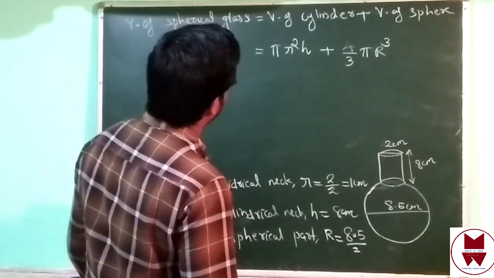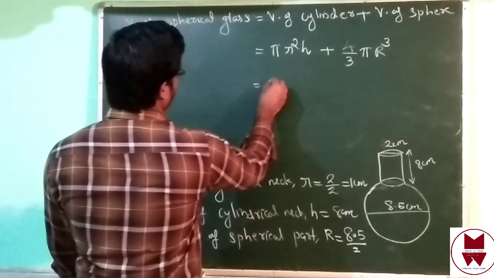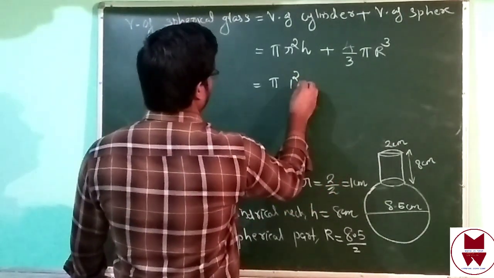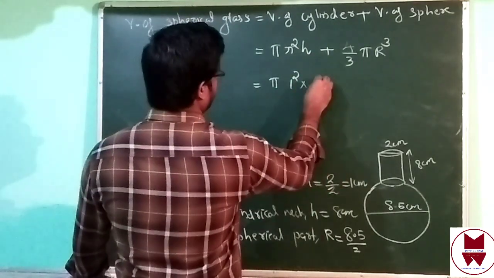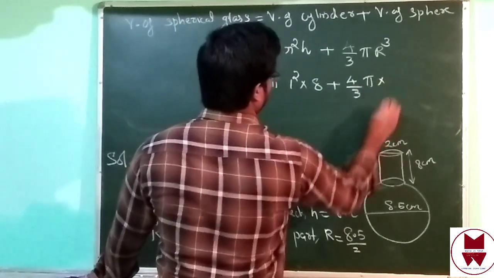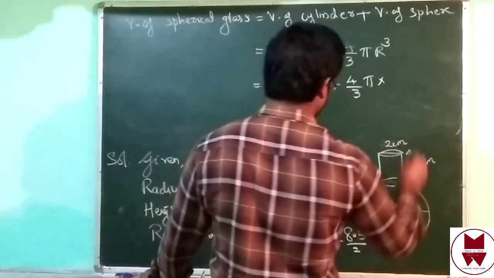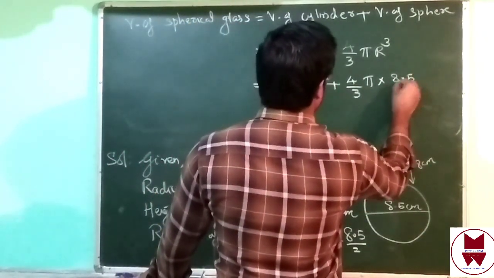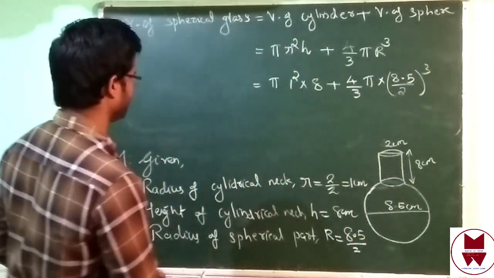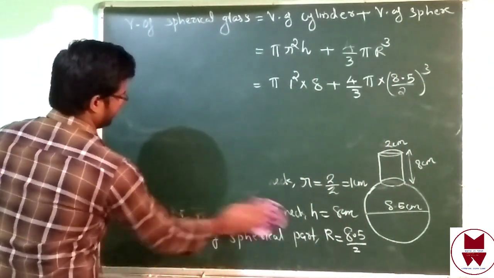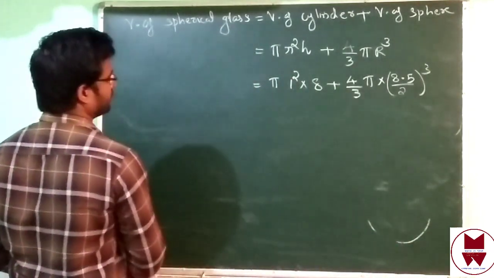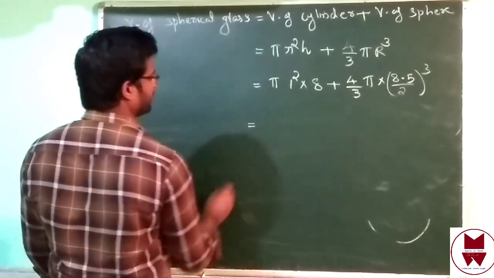Then give all the values: pi into r square, that means 1 square into h is 8, plus 4 by 3 pi into R cube. R cube means 8.5 divided by 2 whole cube. Then pi take outside, pi is common.